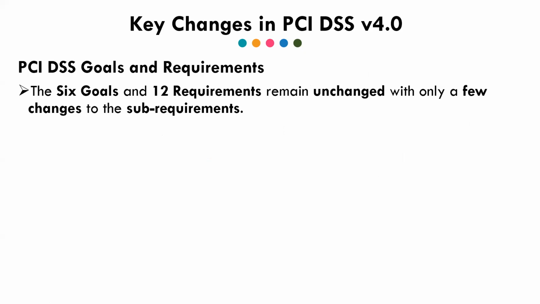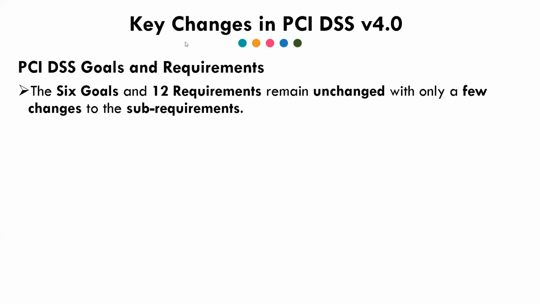So now with the PCI DSS goals and requirements, there is no change, right? In terms of the numbers, they are still the same. So we still have the 6 goals and we still have the 12 requirements, right? Those didn't change. Now, when it comes to wording, there are some changes in words. With the 6 goals, I think the only change is they changed cardholder data to account data, right?